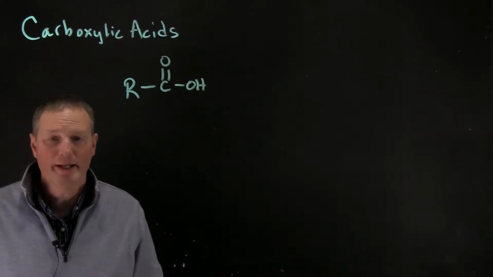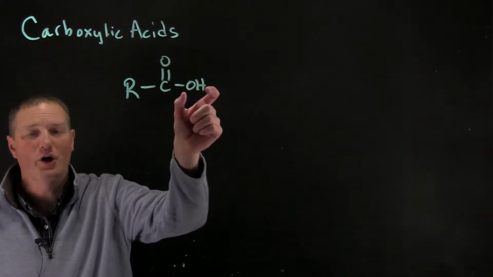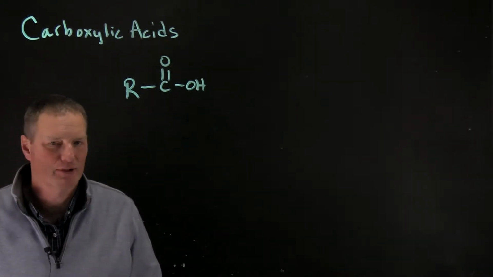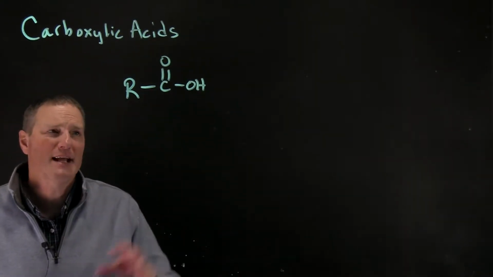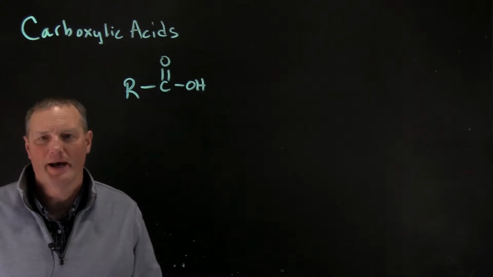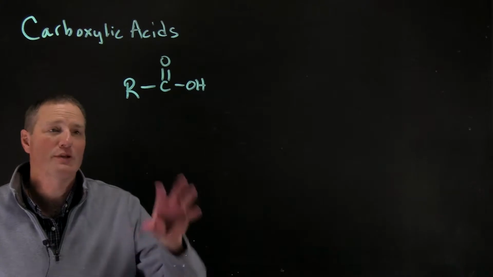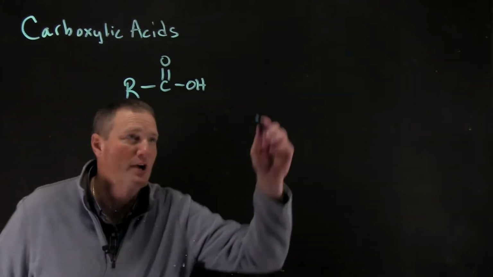Okay, so it's a carbonyl, C double bond O, that has an OH group attached and then some carbon-based group, some alkyl substituent. But let's actually take a little bit closer look at what this structure really looks like. And to do that, let's sort of zoom in on the structure.